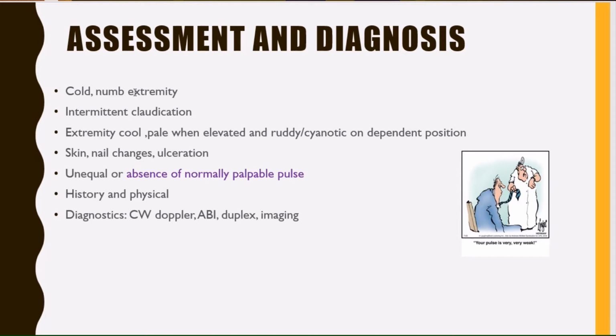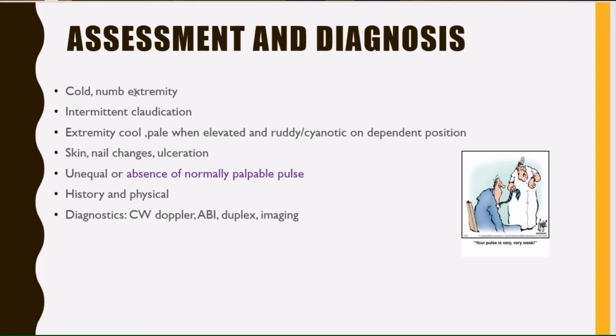You monitor the patient very frequently, especially in the immediate post-op. So for example, if you palpate the pulse at 1 p.m. and at 1:30 you go there and palpate the pulse and it's not there, that is a big change. That's the absence of a normally palpable pulse.